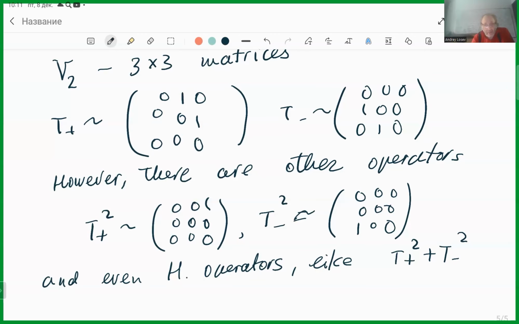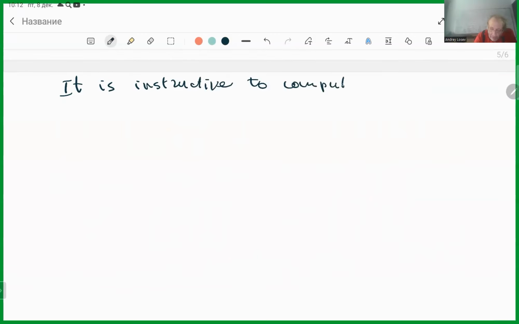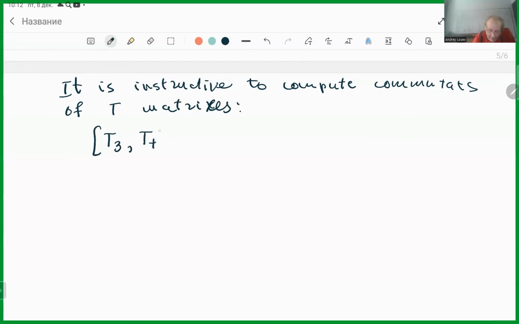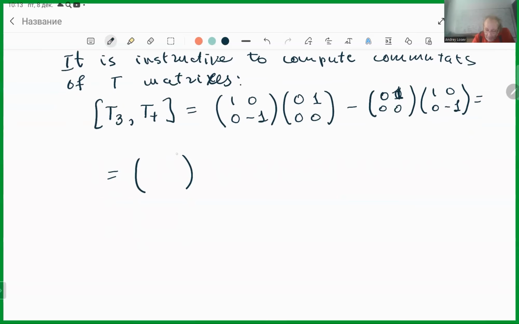Let me continue. It is instructive to compute commutators of T matrices. In particular, compute the commutator of this. So here I will have 1, 0, 0, 0 from this term. And similarly, I will get minus 1, minus 1, 0, 0.